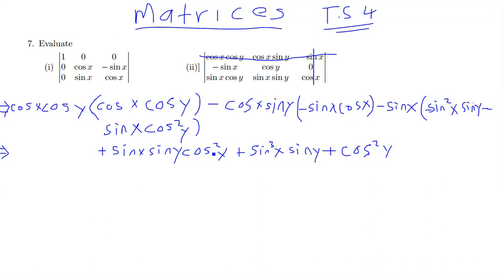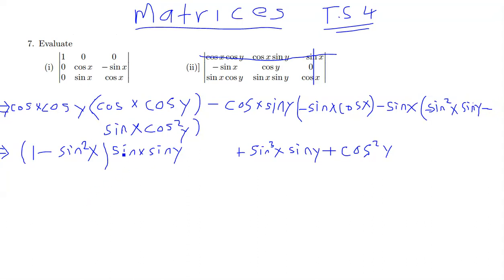So I'm going to write it here, this side, in these brackets. So the cos squared x can also be written as 1 minus sine squared x, and then from there this one is gone now. So there we're just remaining with the multiplication now.